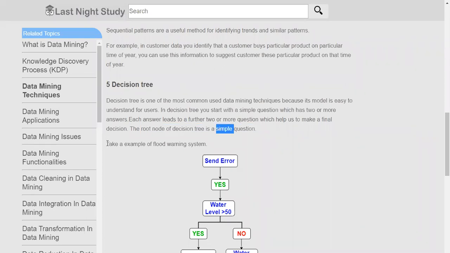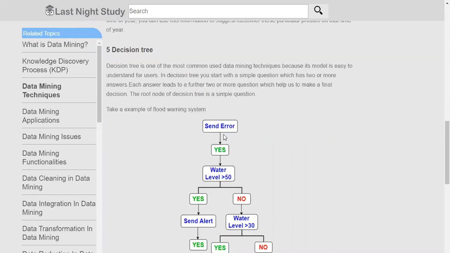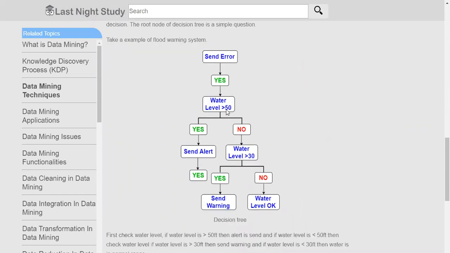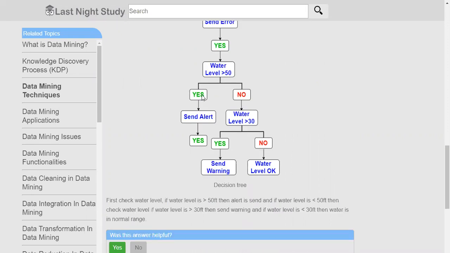The example given here is of a flood warning system. When the water level is greater than 50, the answer is yes, which means the warning system should be activated. But when the water level is greater than 30, but not greater than 50, in that case you can just send a warning.